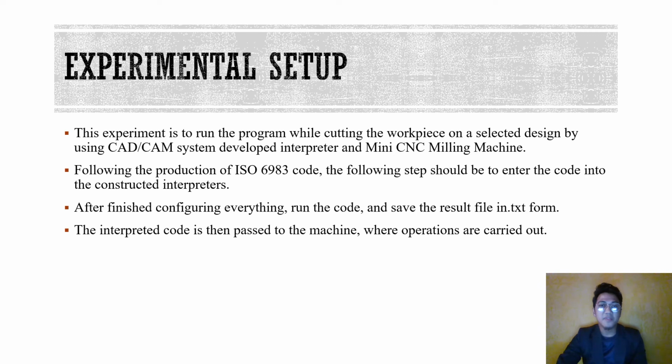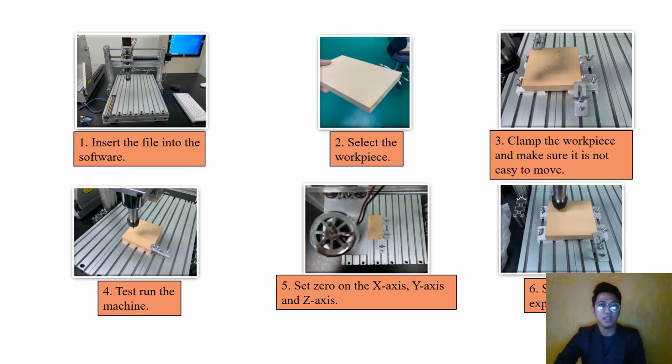Third, after finishing configuring everything, run the code and save the result file in TXT form. And the last one, the interpreted code is then passed to the machine where operations are carried out. These are the pictures of steps on doing the experiment.